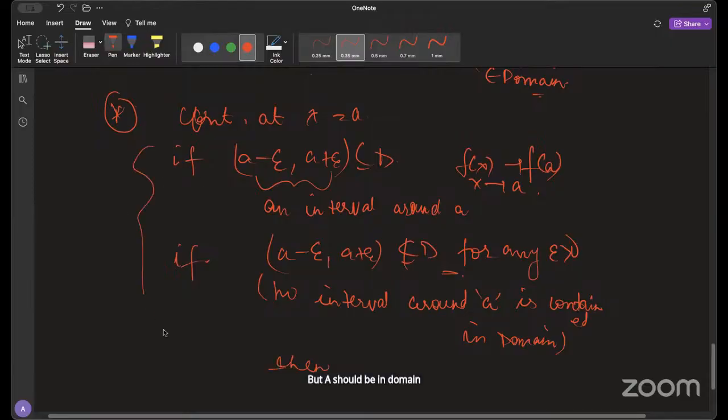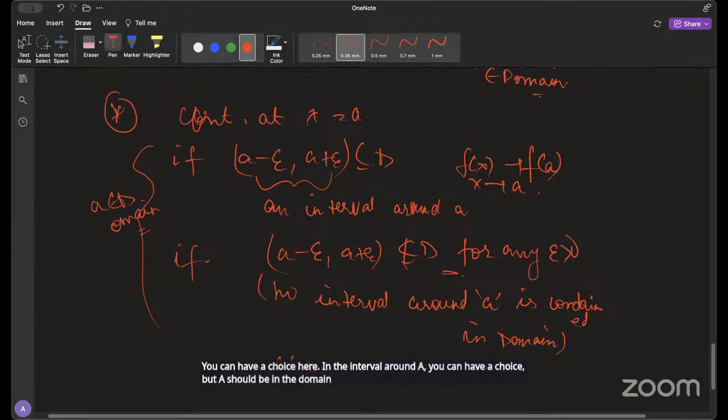In both these cases, A should be in the domain. You can't skip this condition. You can have a choice in the interval around A, but A should be in the domain for continuity. Then F is continuous at A.